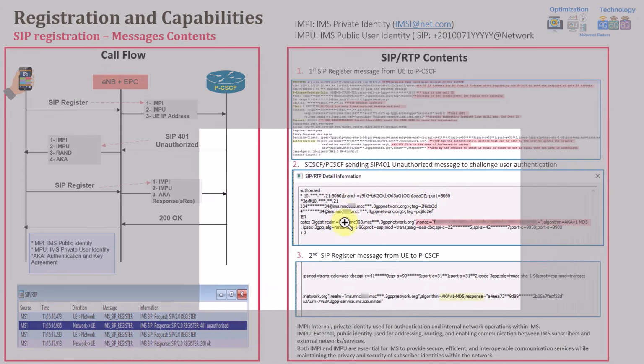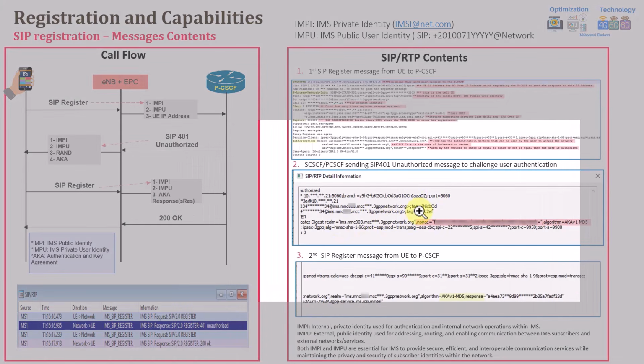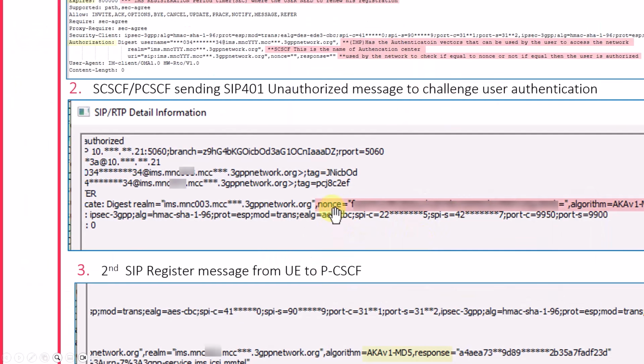And now the next one, which is about the 401, for example, unauthorized. This one will contain something called nonce and other information, for example, the numbers and random numbers and this kind of information, which the user needs to compare with his own numbers to make sure that he is authorized or not.